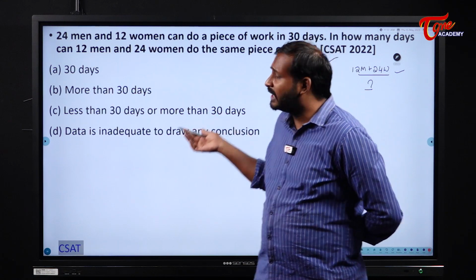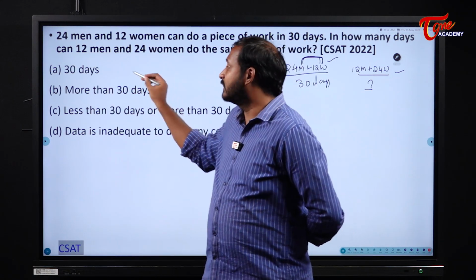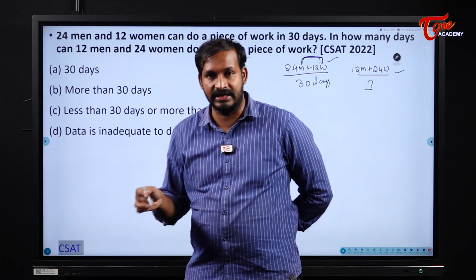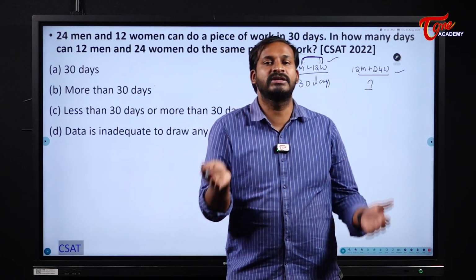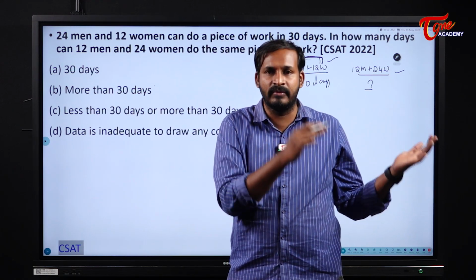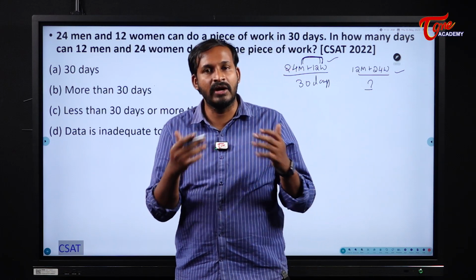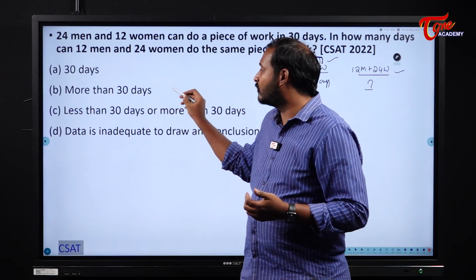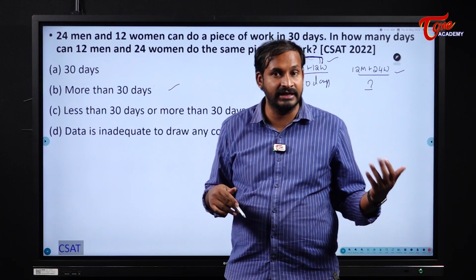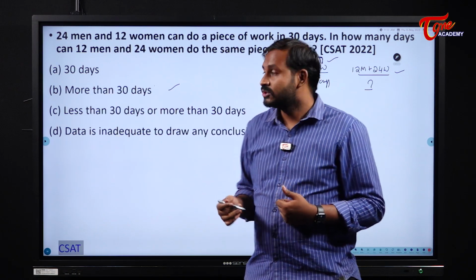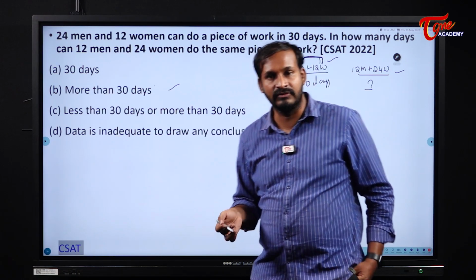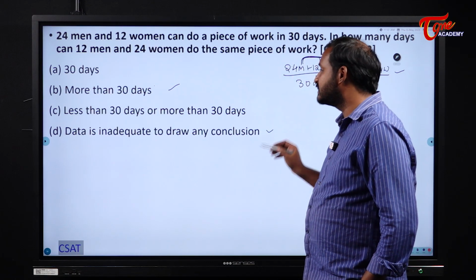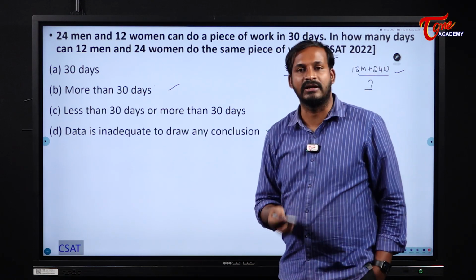If I knew that, at least I would have said, okay, more than 30 days or less than 30 days. But they didn't even mention that. So, without knowing any data, we cannot solve this problem. So, the answer for this one is, data is inadequate to draw any conclusion.